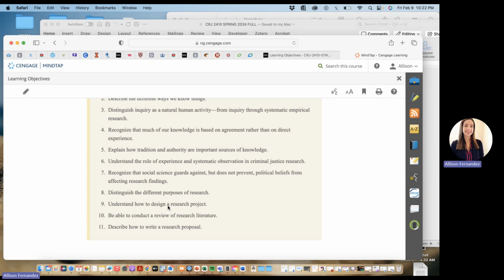So, for example, me, I am interested in the labeling perspective, and I think that's an interesting idea. So I might not have an idea about anything. I might just say, okay, as a theorist, I want to figure out more about once someone's labeled, how does that negative self-identity unfold?